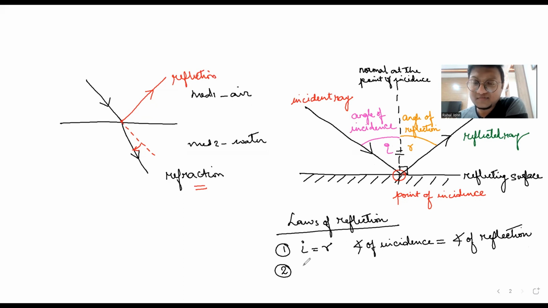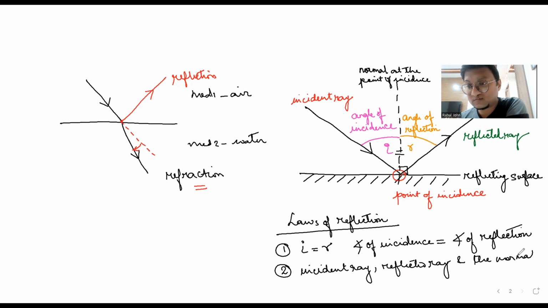And second, we come to the incident ray, the reflected ray, and the normal at the point of incidence will always lie in the same plane.